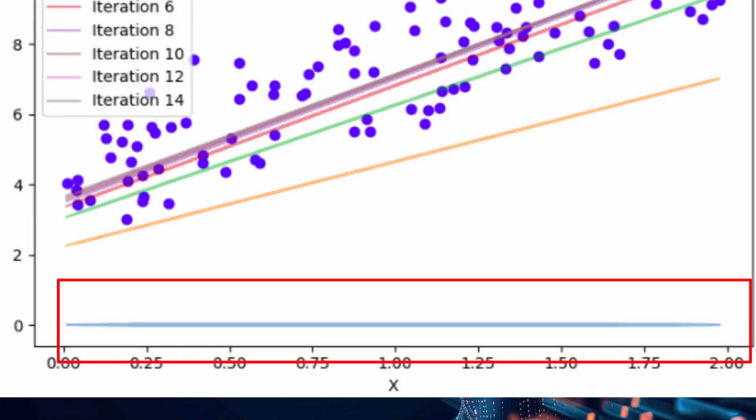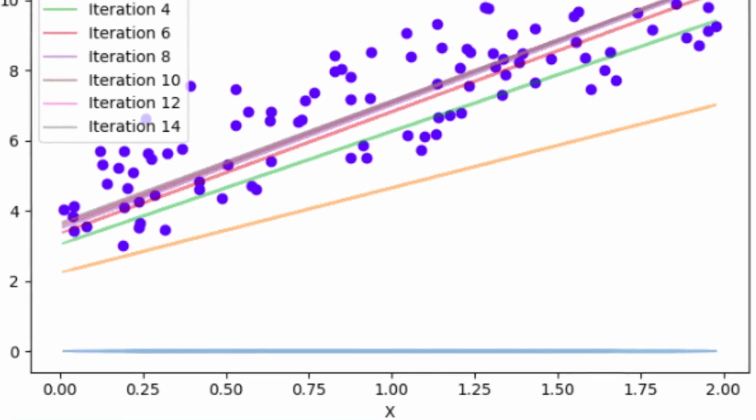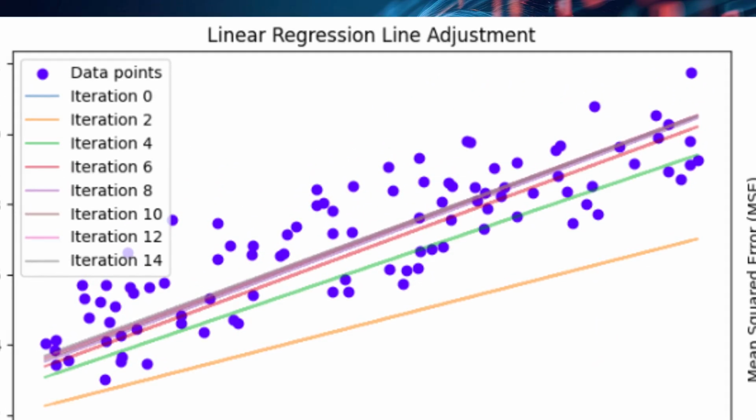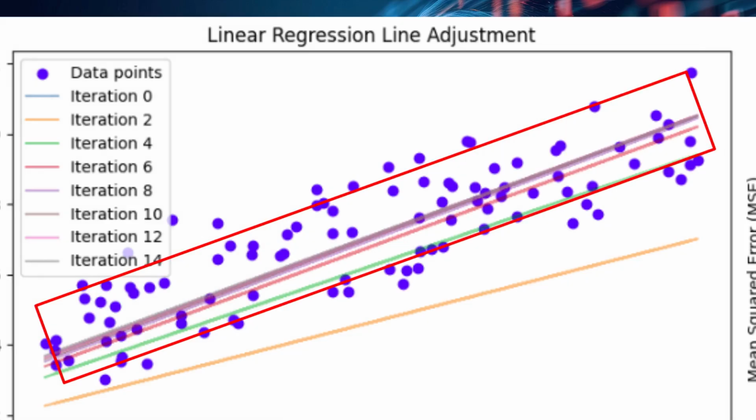With each iteration, gradient descent adjusts w0 and w1 to reduce the error. Each line drawn represents the regression line at specific iterations, showing how it gradually moves closer to fitting the data. Notice how the line moves closer to the data points over time, capturing the underlying trend more accurately as it approaches the optimal fit.